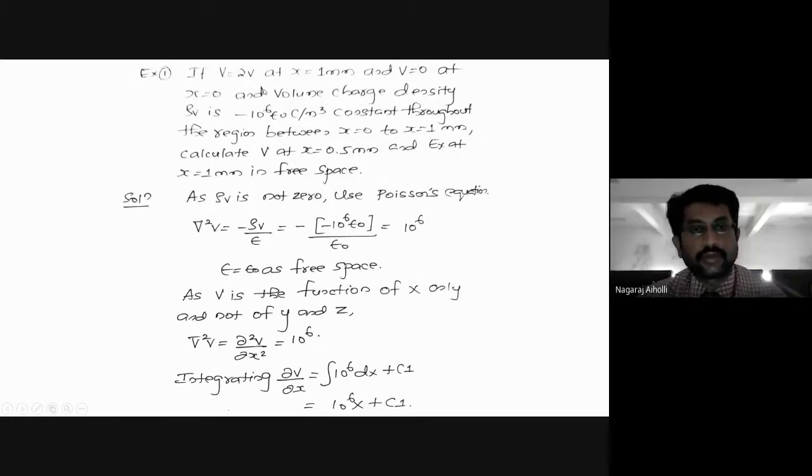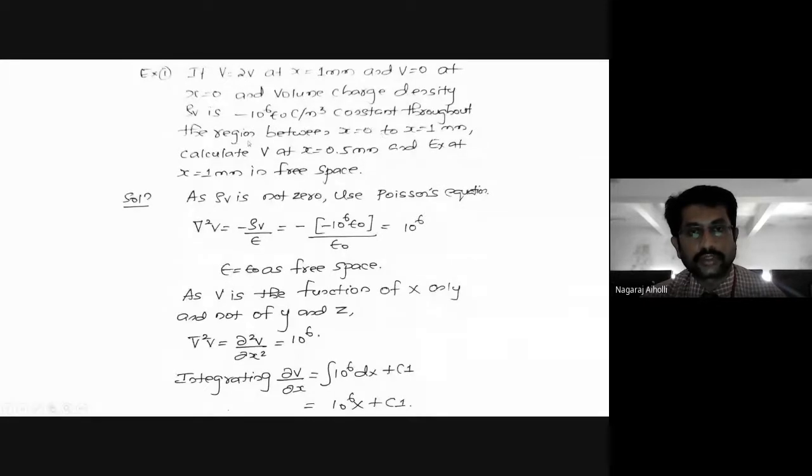If V equal to 2 volts at x equal to 1 millimeter, that means the potential given is 2 volts at x equal to 1 millimeter distance, and V equal to 0, that is the potential is 0 at x equal to 0, and the volume charge density rho V is minus 10 raised to 6 epsilon naught coulomb per meter cube.